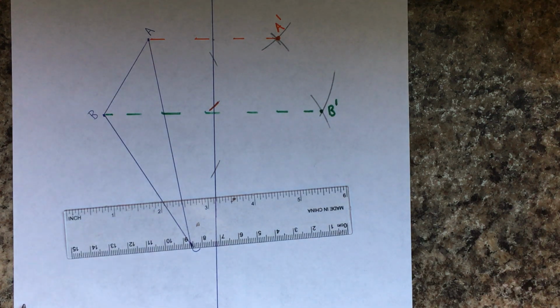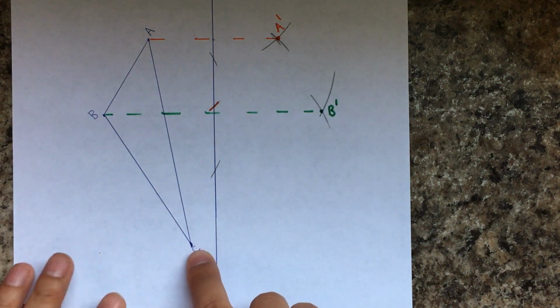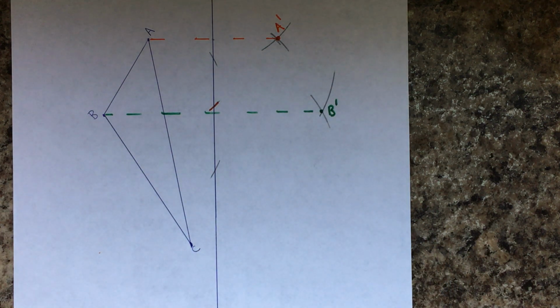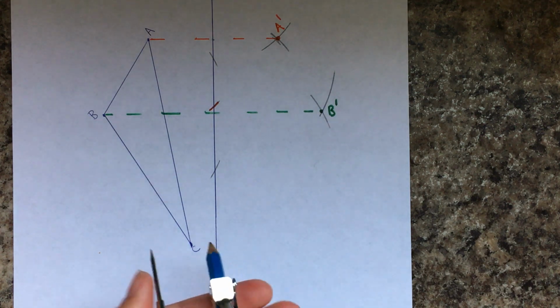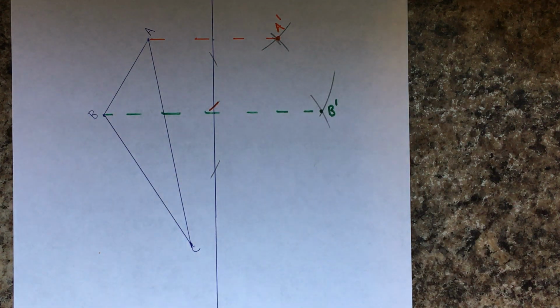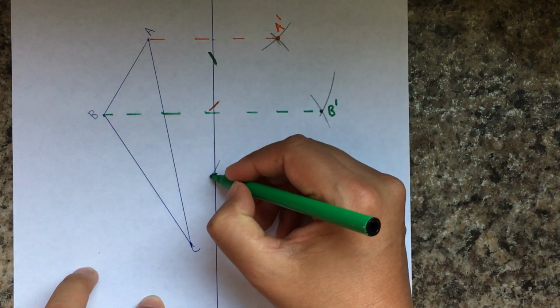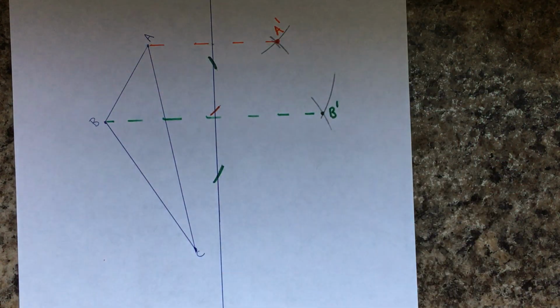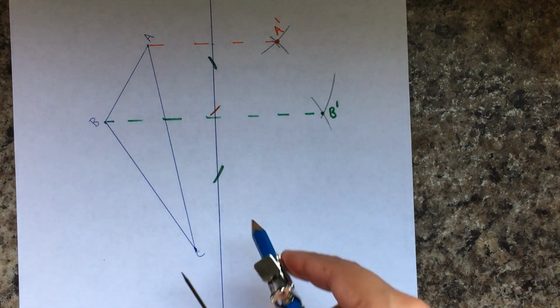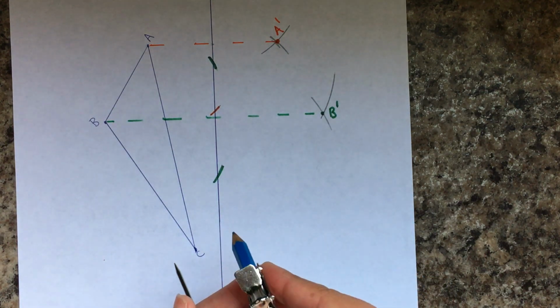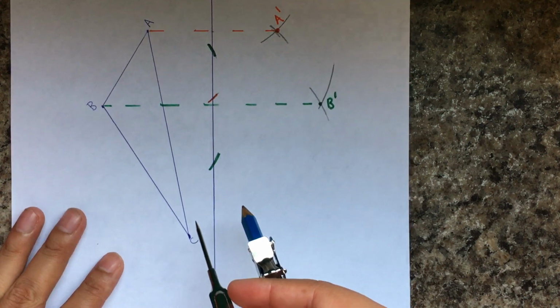Finally, I'm gonna do the same process for letter C. I'm gonna create a perpendicular line. Oh, and again, I'm gonna mark these arcs so that I don't get confused. I think that's good enough.